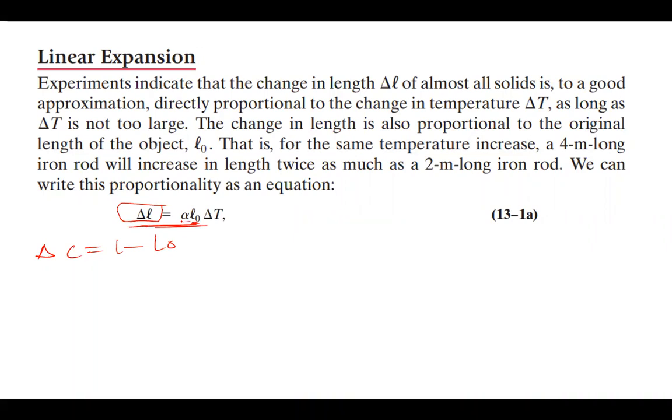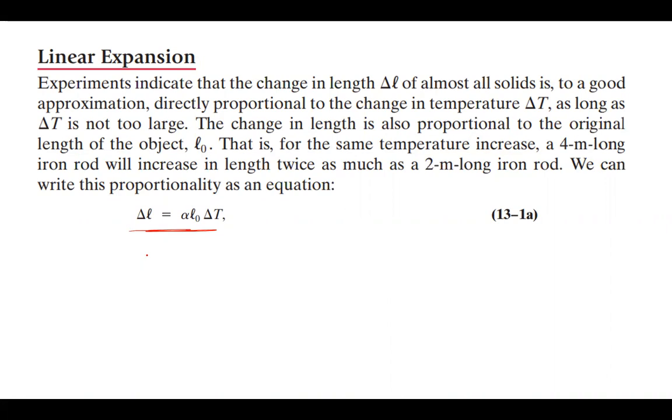This alpha there is the coefficient of linear expansion. And this delta T there is the change in temperature. Of course, this temperature should be in Kelvin, the absolute temperature. So if you've been given in a question the temperatures in degrees Celsius or degrees Fahrenheit, you have to convert them to Kelvin before you can use this formula here.